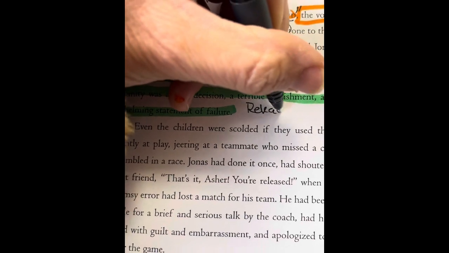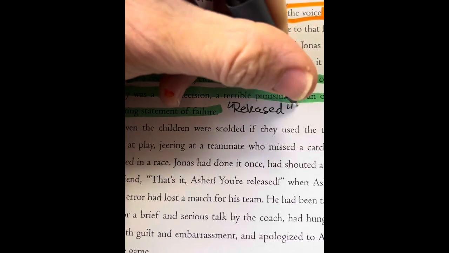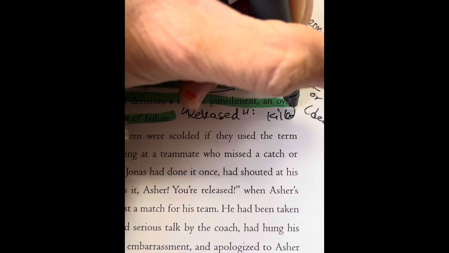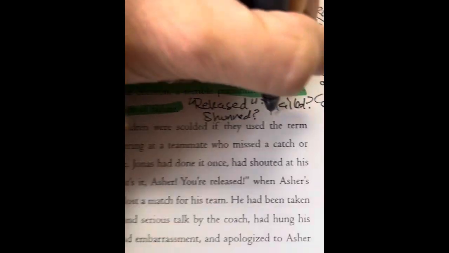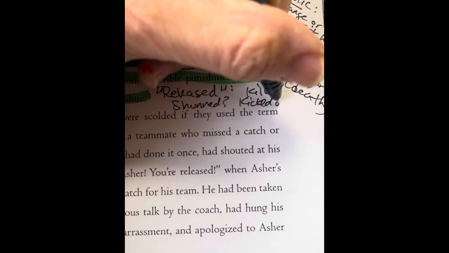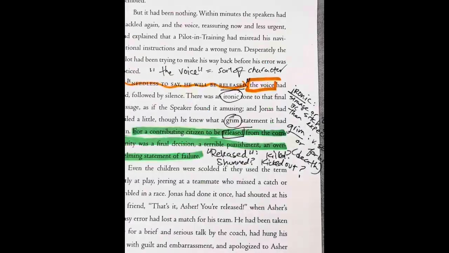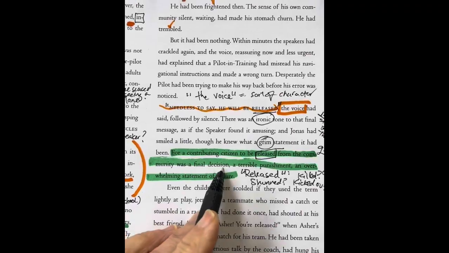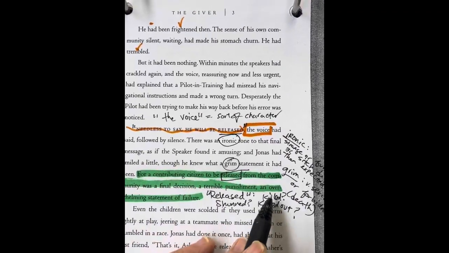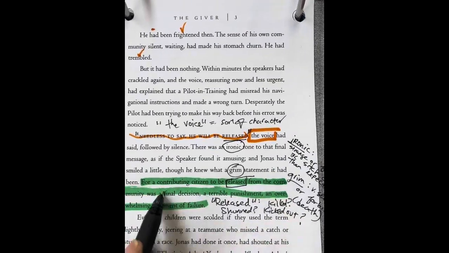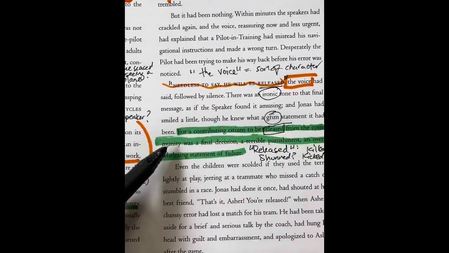Does it mean killed? Shunned? Kicked out? We're not sure yet, but it's a terrible punishment, a final decision. So I'm betting it's either that they're killed or that they're at least kicked out of their community forever.